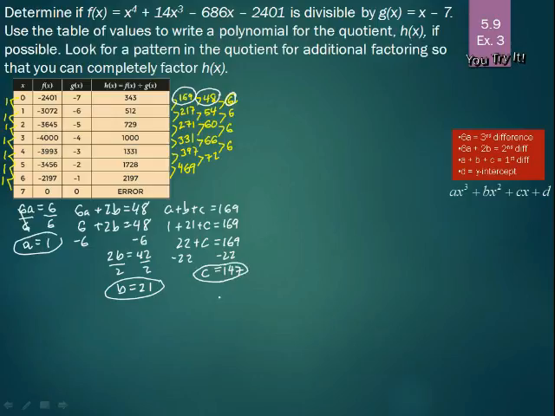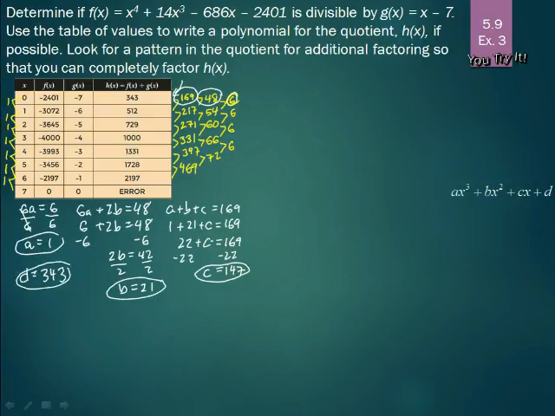And lastly, d is our y-intercept. When x equals 0, h of x is 343. So there's d. Now that we have a, b, c, and d, let's put it in our cubic form. We would have 1x cubed plus 21x squared plus cx plus d.